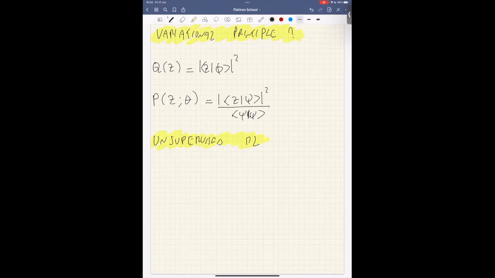So in this context, we can do maximum likelihood optimization essentially to find the thetas.